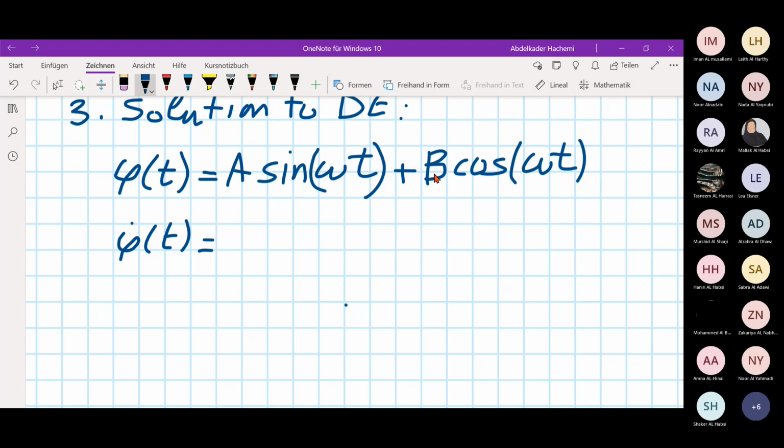The time derivative gives A omega cosine omega t, and here minus B omega sine omega t.